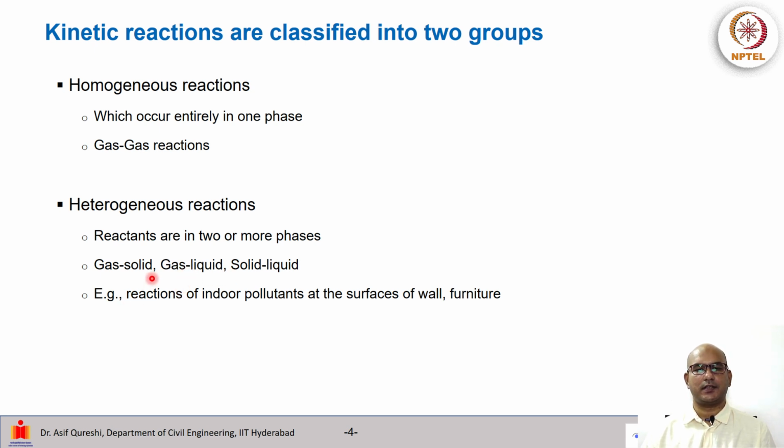In heterogeneous reactions, some of the examples could be, of course, gaseous pollutants with the aerosols, and also indoor pollutants at the surfaces of the walls and furniture, because we have many more surfaces and a much larger surface area available in the indoor environment per unit volume as compared to the outdoor environment.